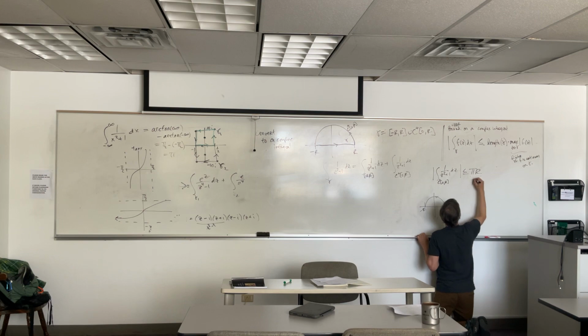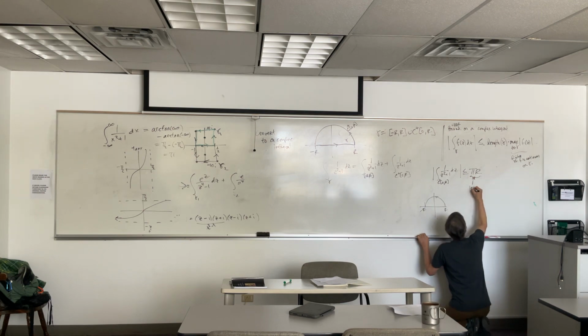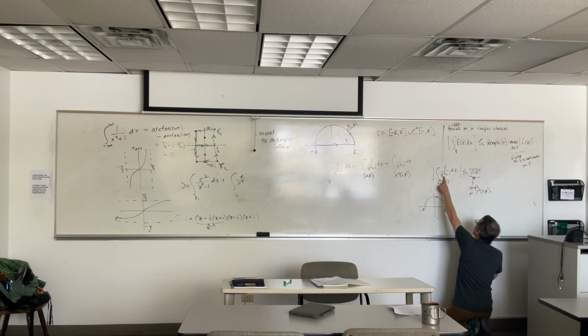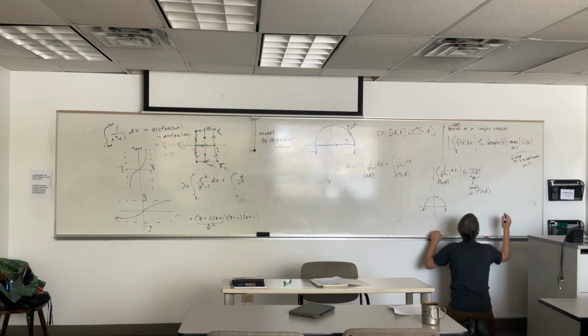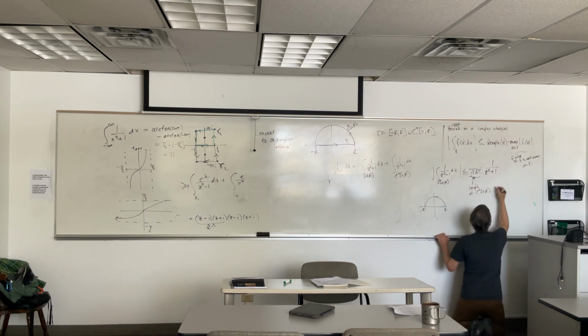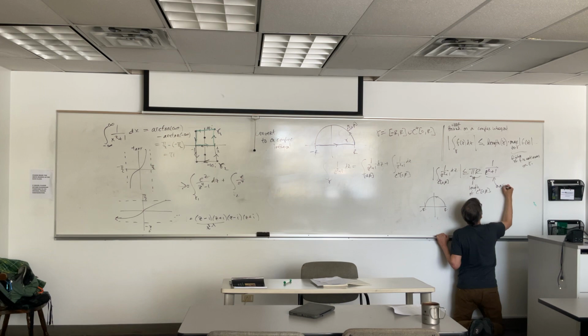So this is the length of that curve. And the most this can be on that curve is 1 over r squared plus 1. Let me just put that up here, and then we can talk about that in a minute. So this right here is the max possible of 1 over z squared plus 1 on that curve.